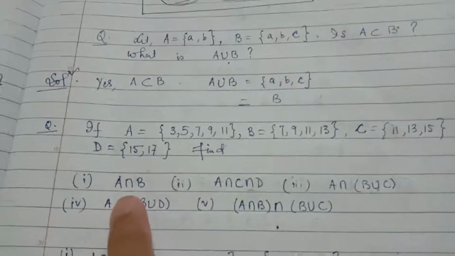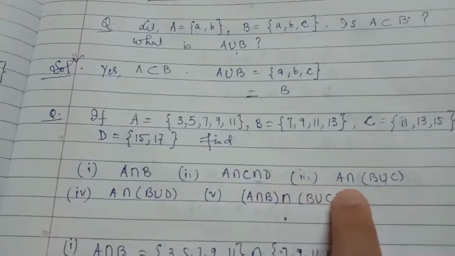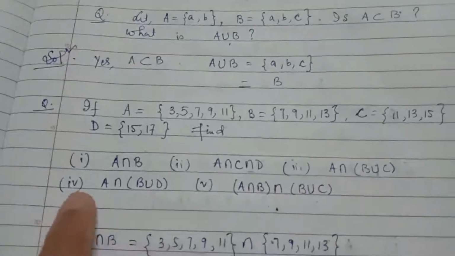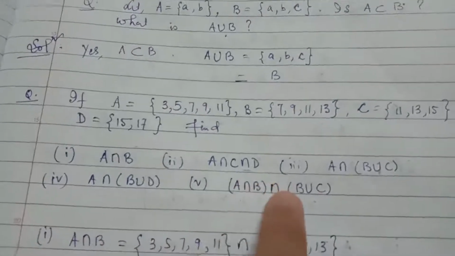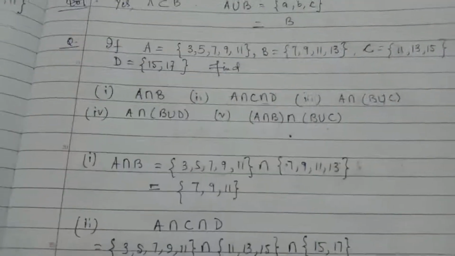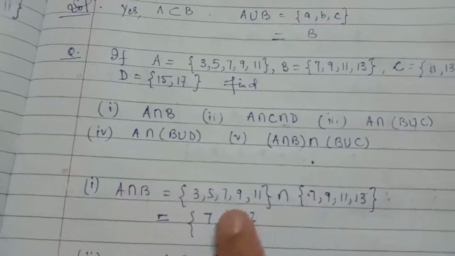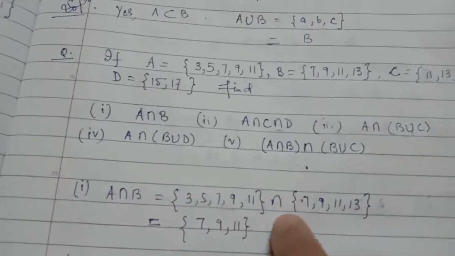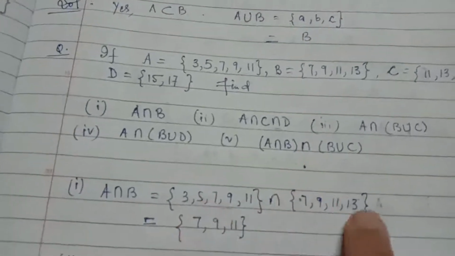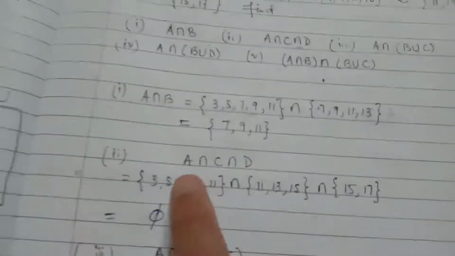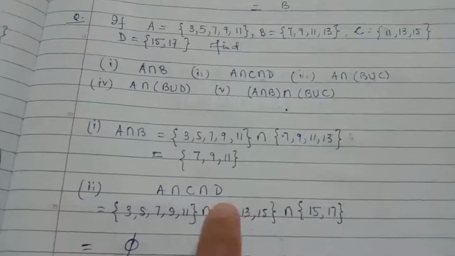Find A intersection B, A intersection C intersection D, A intersection (B union C), A intersection (B union D), and (A intersection B) intersection (B union C). First, A intersection B, the elements which are common to both A and B. Between them, I have put the intersection sign. The common elements are 7 and 11.